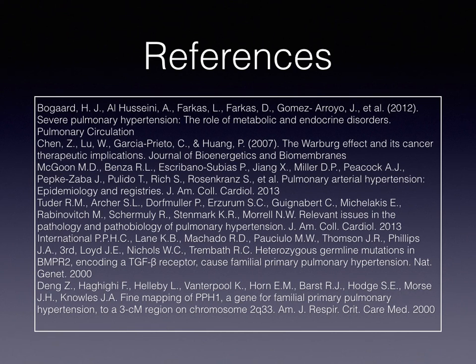That's an enzyme that limits the rate of the synthesis of bile acid, and microarray analysis helped discover that CYP7B1 was a lot higher in the hypertensive lung.